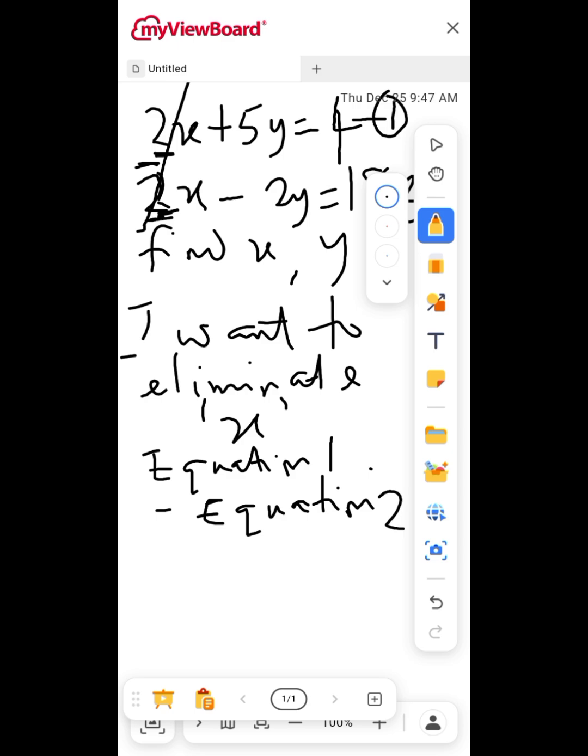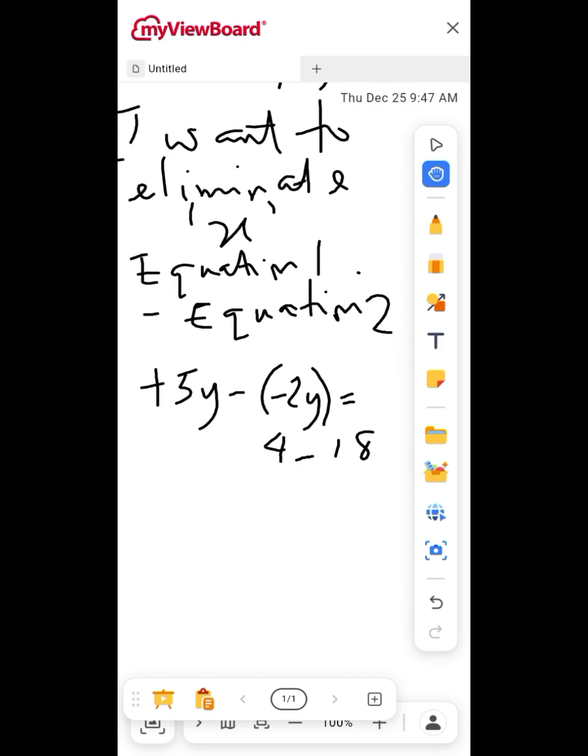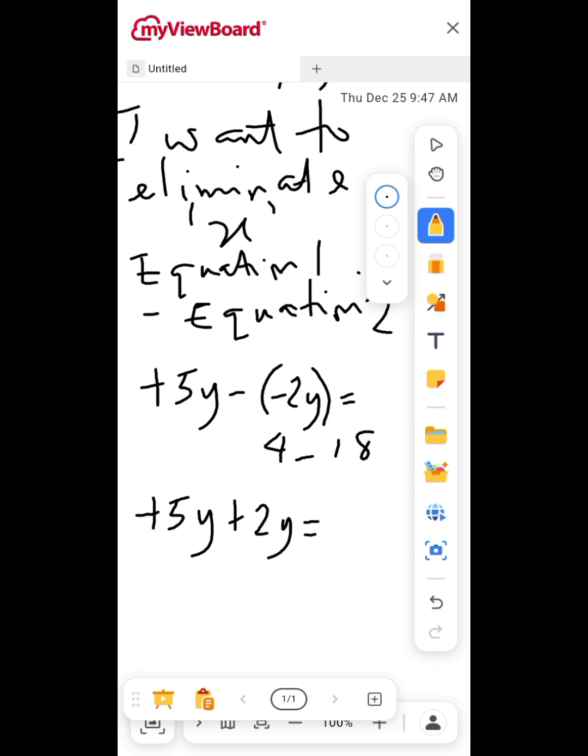Then the next one, I have plus 5y on this side, then minus into brackets minus 2y, equals 4 minus 18 on the other side. So you try to bring them together. When you open up your bracket, plus 5y, minus times minus, that will give us plus 2y equals, what is 4 minus 18?